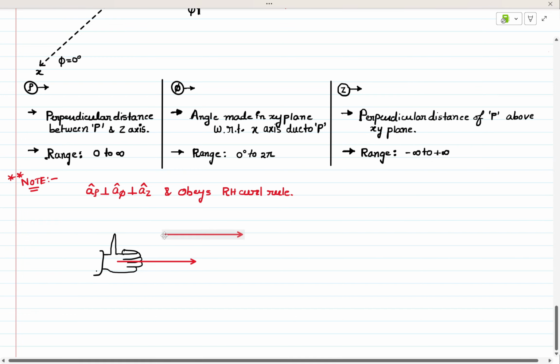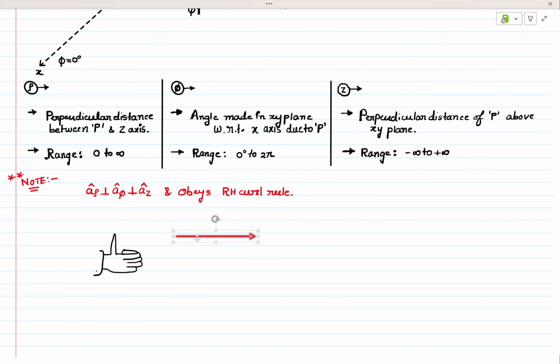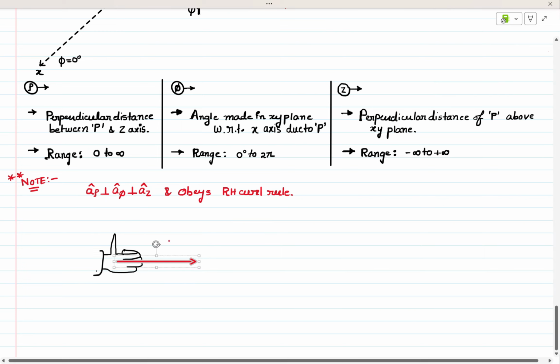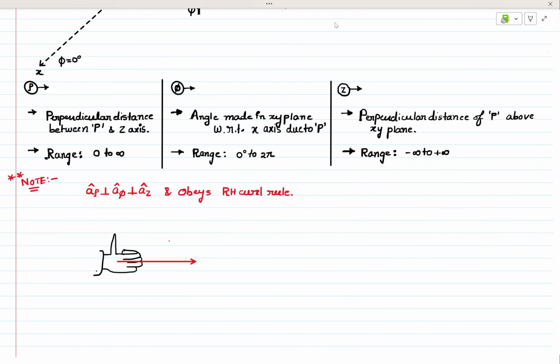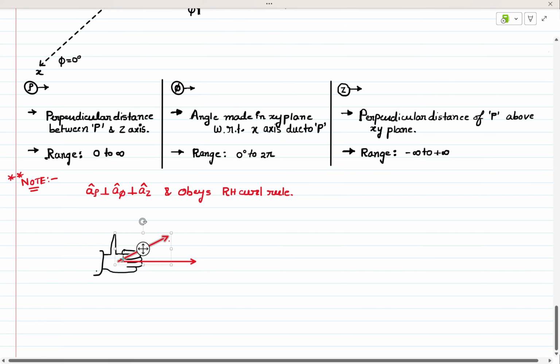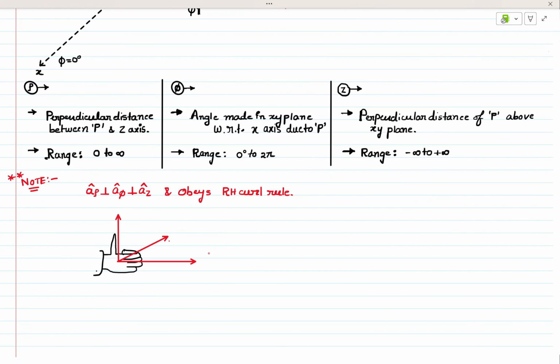These are the three arrows in the case of the right hand curl rule.